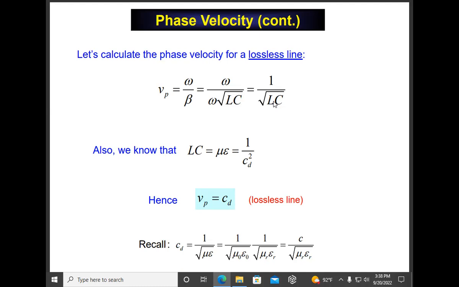If you're getting a rectangular pulse at the input of a lossy coax, I can use that Fourier transform method to construct the output signal, right? But if all those Fourier transform components corresponding to different frequencies travel at different velocities, one going like this, one going like this, they get all scrambled up at the output, and that's what causes distortion. The signal changes shape, right?